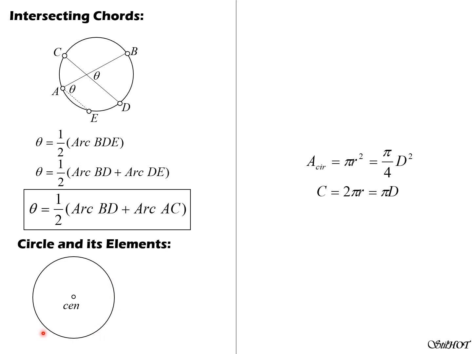All points on the circle are equidistant from that center. We have the radius, small r, the diameter, big D, and we have chords, a tangent, a line that touches the circle at only one point, and a chord, a segment connecting any 2 points on the circumference.